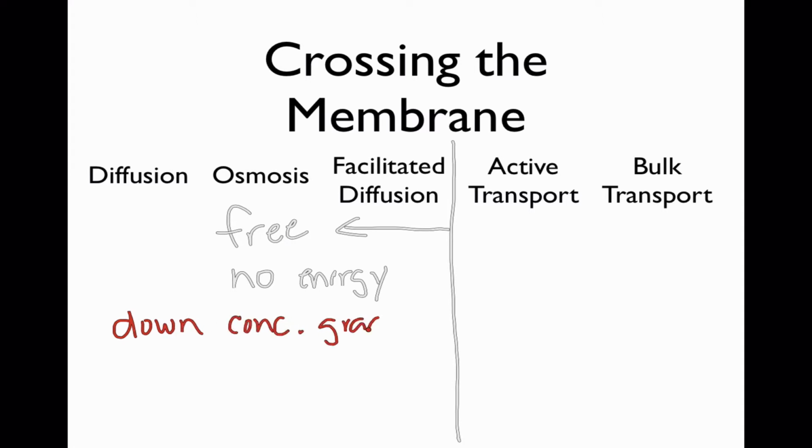Material is flowing in a direction that it normally would flow just because of the laws of physics. Molecules are always going to move from where there's a lot of them to where there's not very many. And because the direction is down their concentration gradient, it's free. It doesn't require any energy. It just happens spontaneously. Active transport and bulk transport, on the other hand, these do require energy.